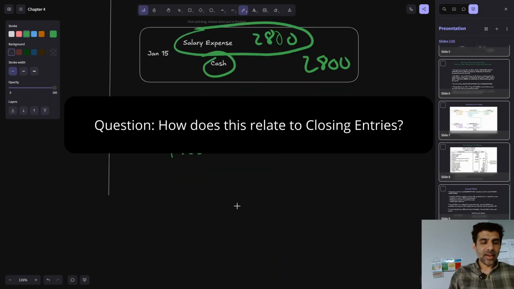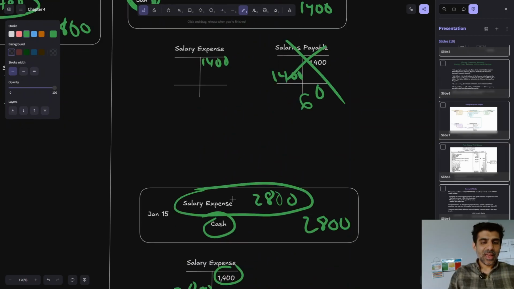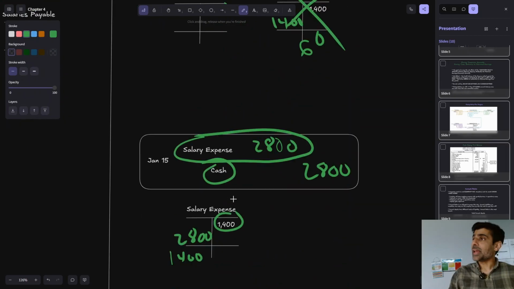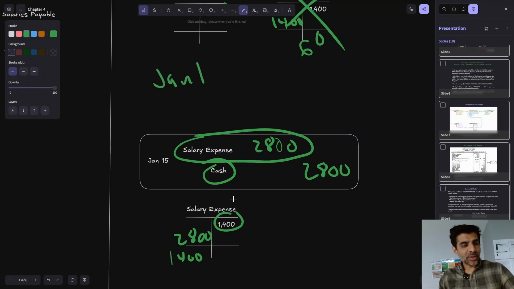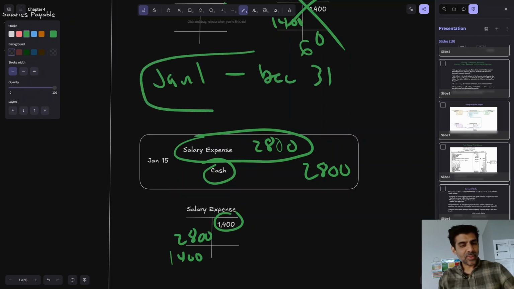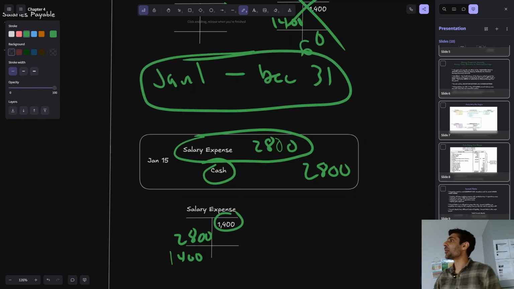Again, in the accounting system, there are no such things as temporary and permanent, right? In this software I was showing you, everything is a permanent account. You will just set your income statement to January 1 through December 31, right? You'll set the time period that will kind of create temporary and permanent accounts, right?